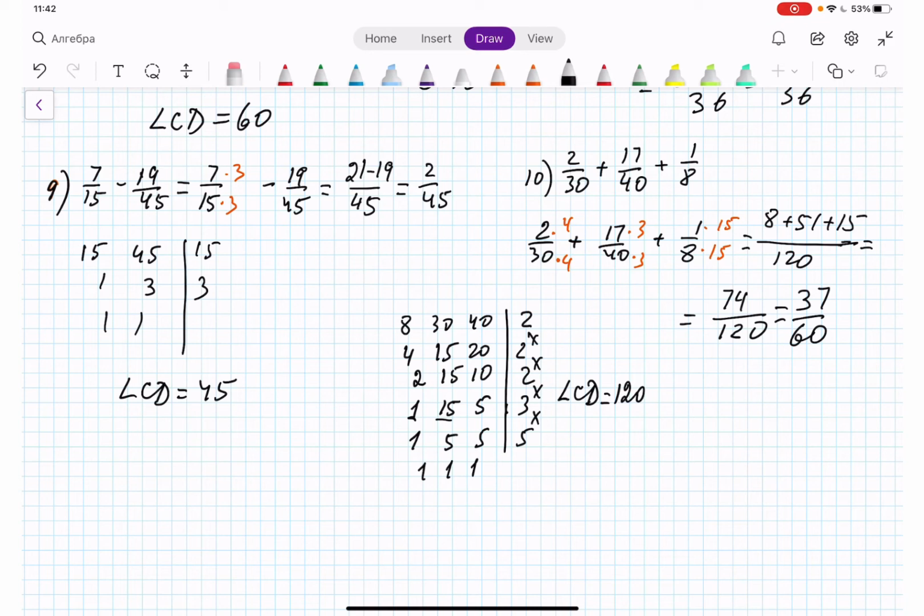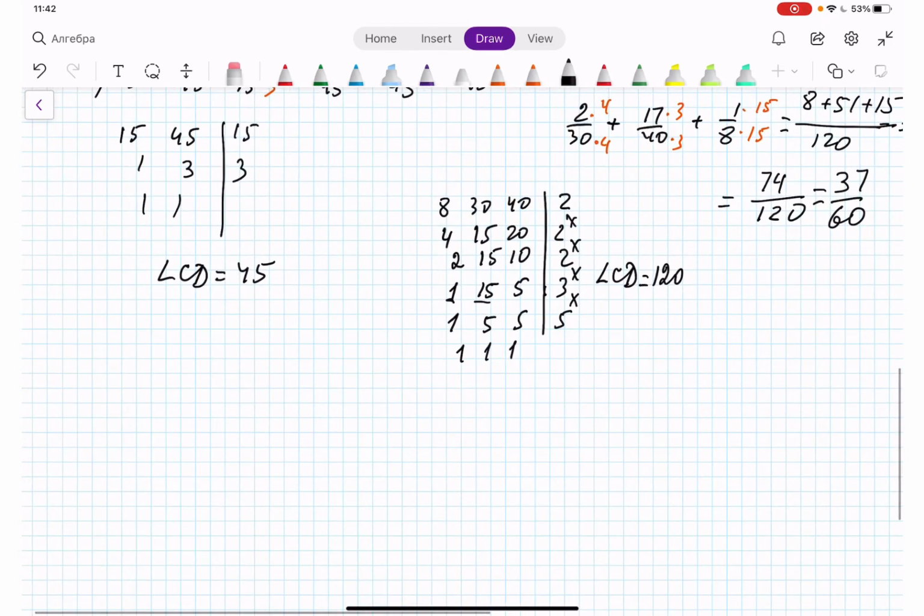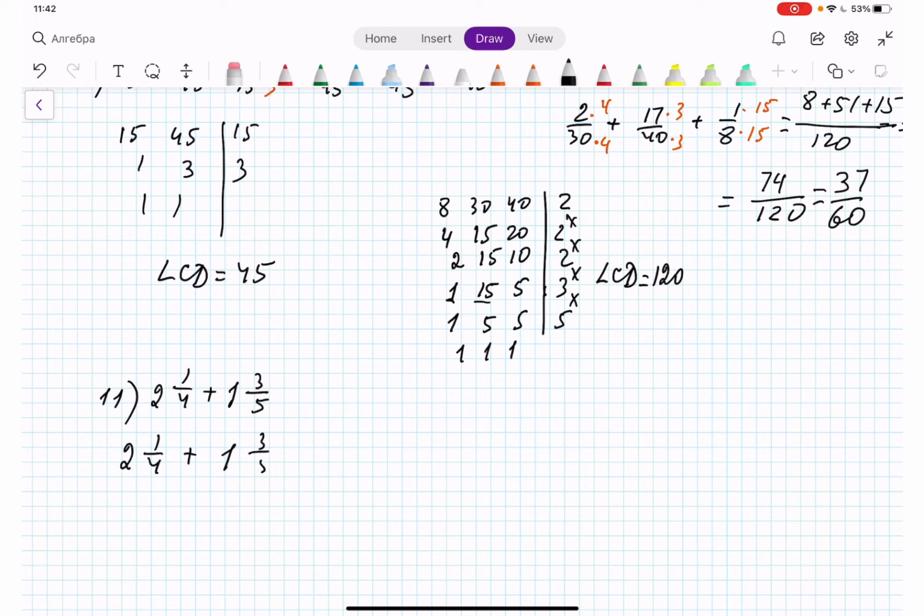Question number 11. Two and 1/4 plus 1 and 3/5. Okay, this is interesting. First, what we're gonna do, we are adding, let me write down, 2 and 1/4 plus 1 and 3/5.